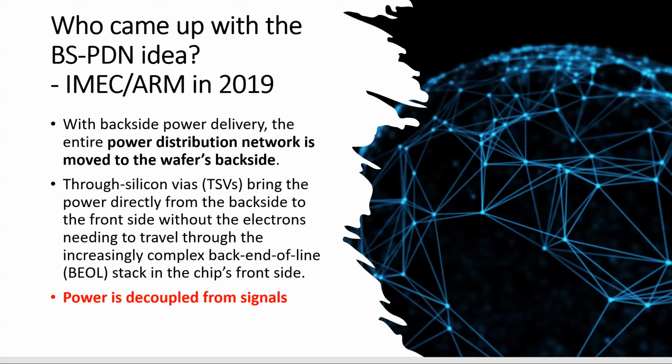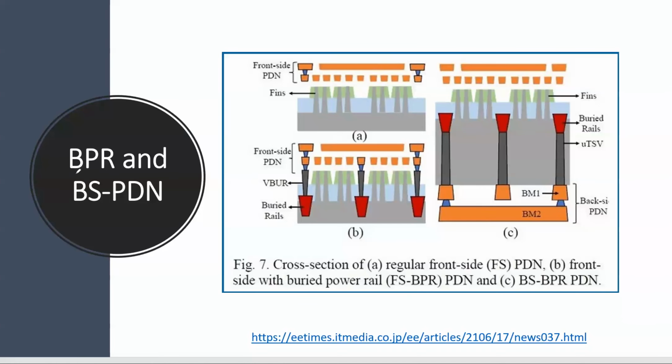And there are 2 ways of doing so. One is called the buried power rail, which is just a rail, a very long straight line, perpendicular to the surface you're seeing here.